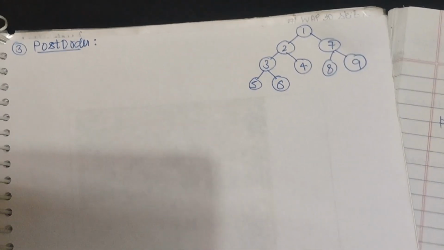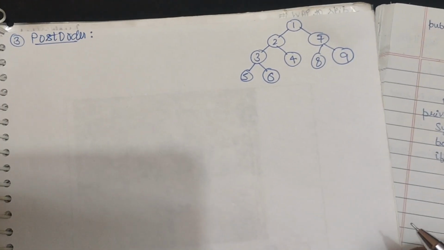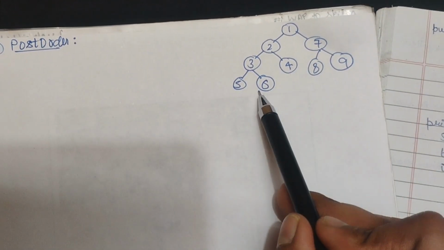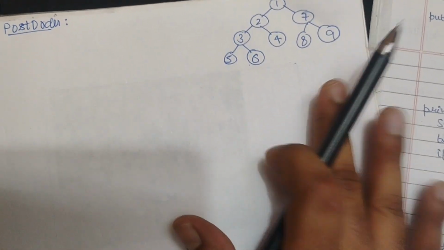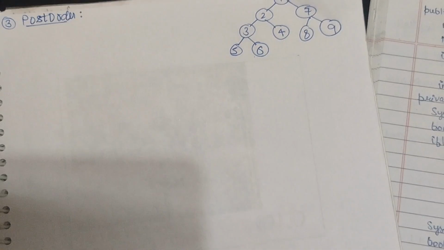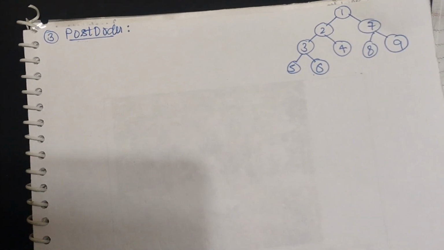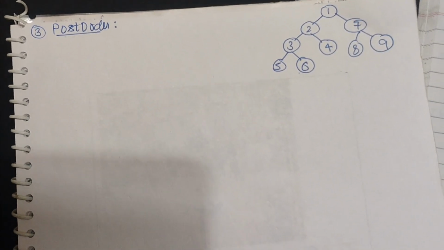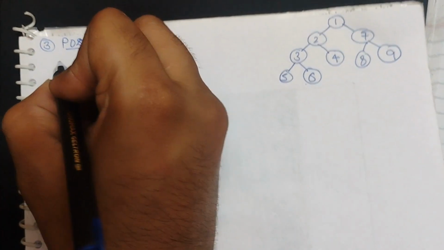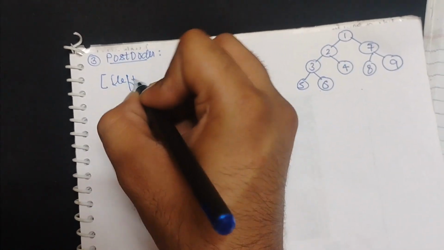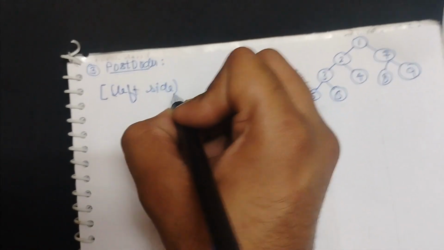Okay, now we have the third type of traversal in binary tree, that is Postorder Traversal. I have this example. So now first I'll tell you how we'll go in this tree. Just like it says Postorder, that means we'll visit the root node at last. How we'll go? First we'll visit the left side.